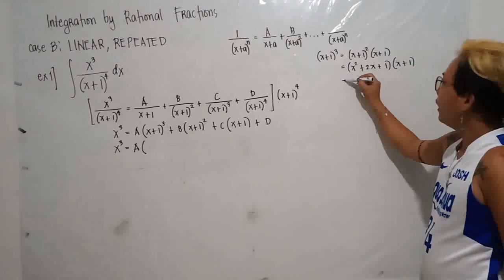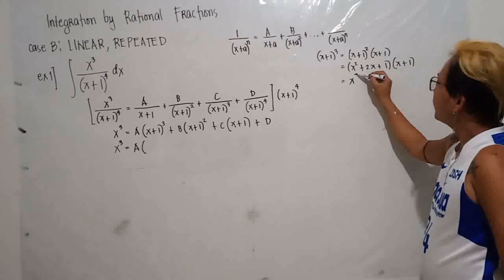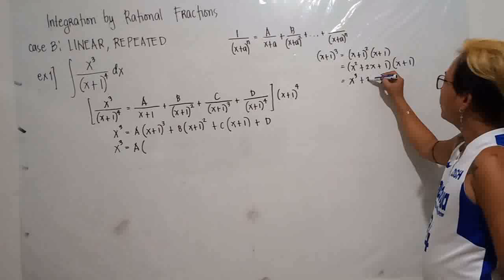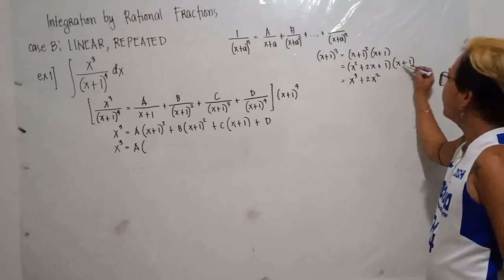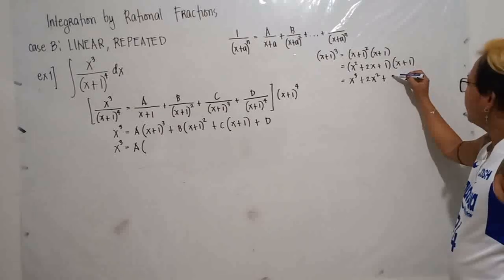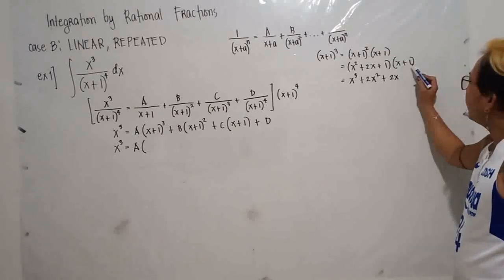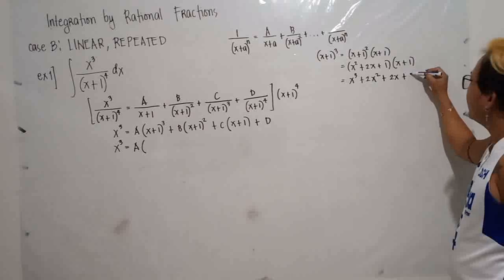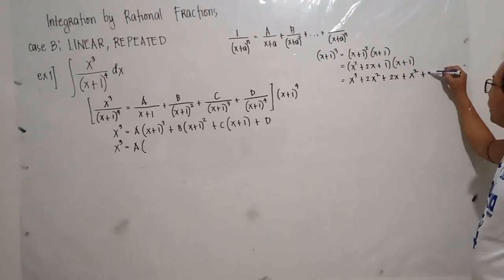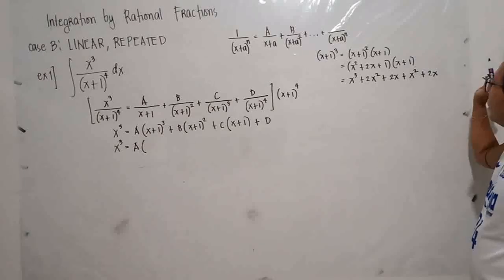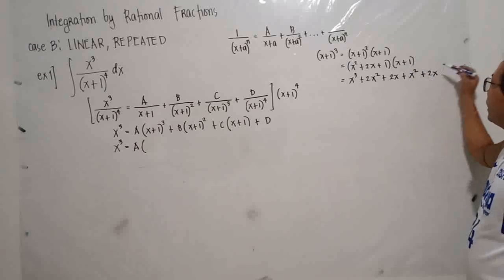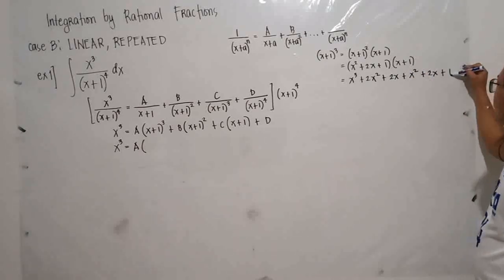Then, we will now have x cubed, then next is plus 2x squared, next is plus 2x. Then the next one is plus x squared. Then another one is plus 2x. Then another one is plus 1.